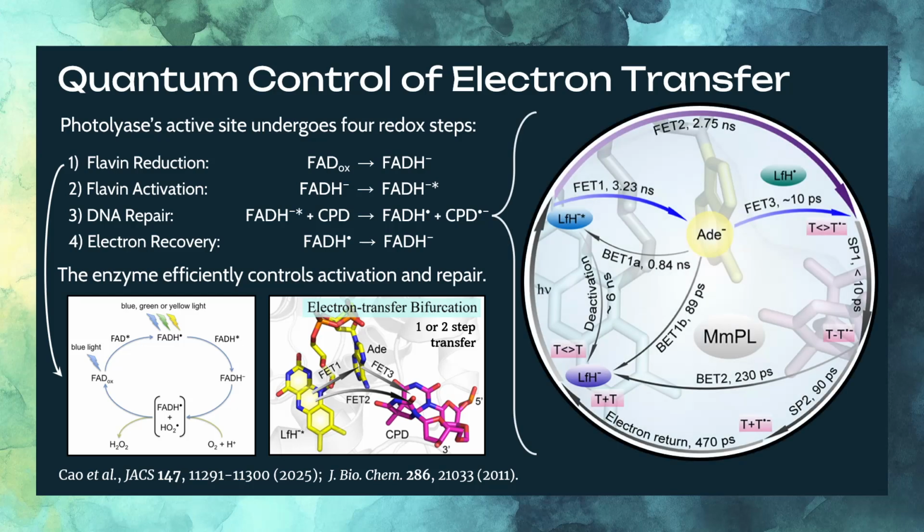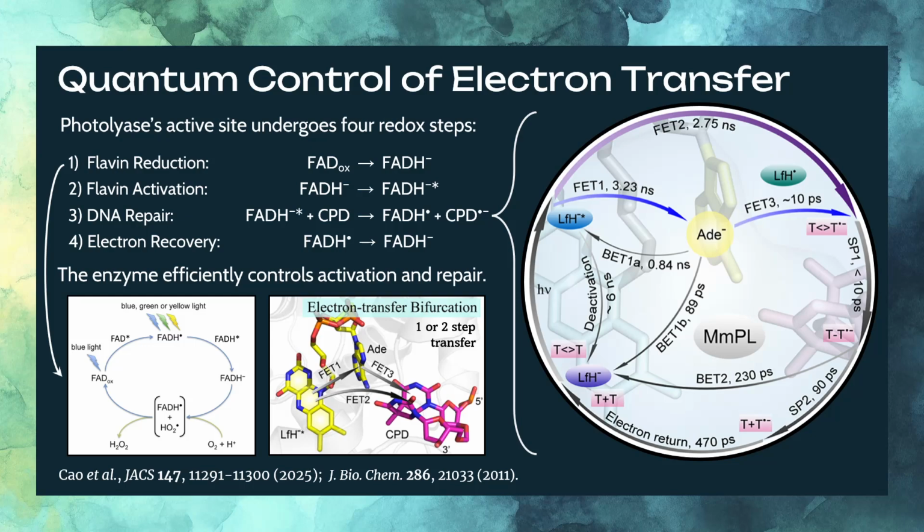And now we can take a close look at the actual highly complex system of reactions that must be controlled here. In this case, we have the lumiflavin part, the tricyclic part, labeled LFH, and you can see the adenine part in the middle in yellow.